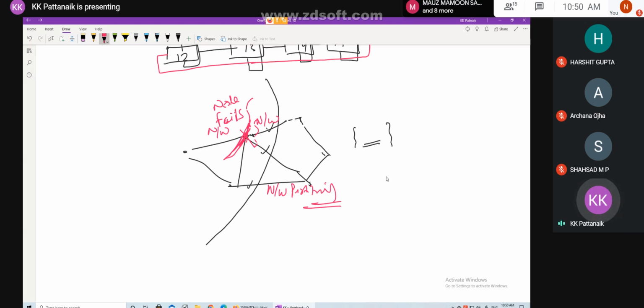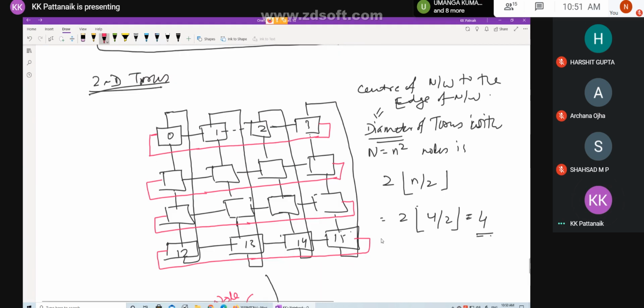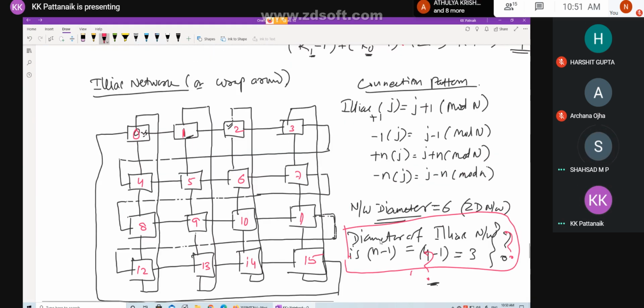That's why we said that when network partition takes place, the two parts need not be equal. Right? Okay.